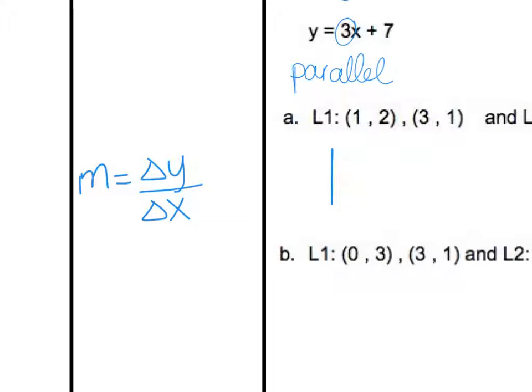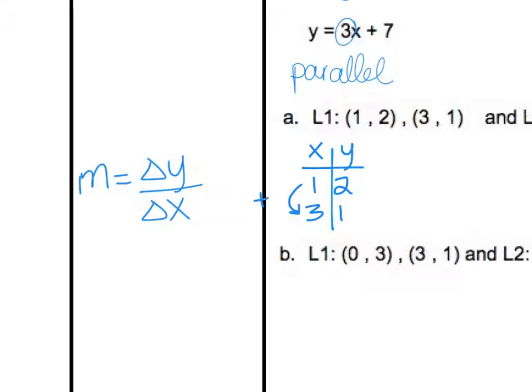We're going to start with L1. L1 and L2 are just lines. You're going to see me make a little table, and I'm going to put the x and y values into the table: 1 and 2, and 3 and 1. Reese, what's my change in x? 2.